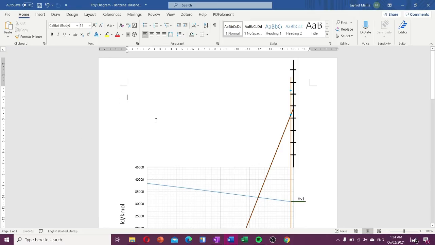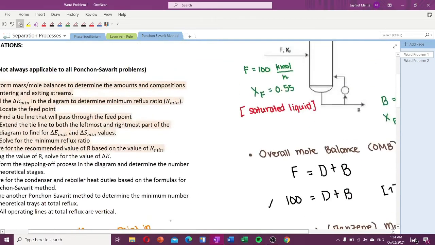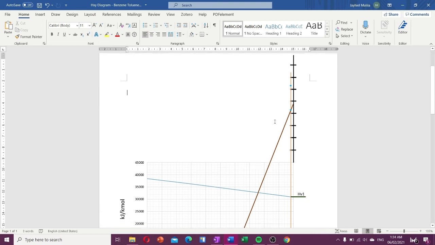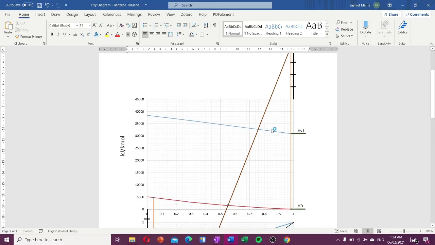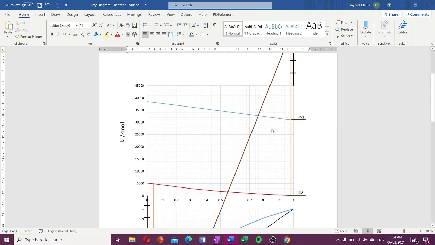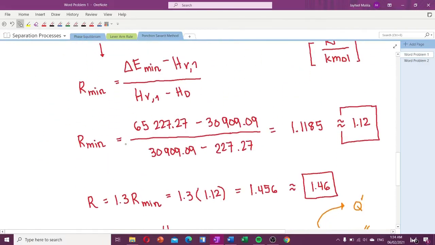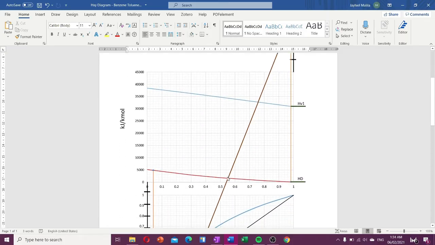What now? The next thing that you're going to do, did I mention that here at the top? Yeah, I think we're done with that part. That will be our pivot point later. What you need to take note of is that the feed point line, or the feed line, is where the delta E line over here and the feed point will pass through.